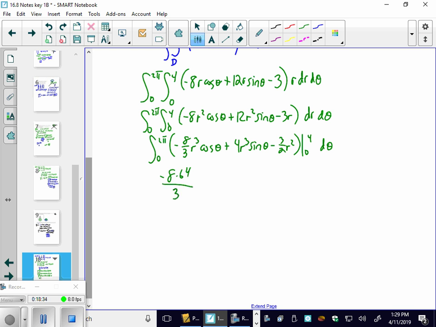I just don't feel like figuring it out right now. That's going to be 64 times 4, so I think it's 296, but I'm just going to write it as 64 times 4 sine theta. This one I can figure out. That's going to be 16 over 2, 8, so negative 24.